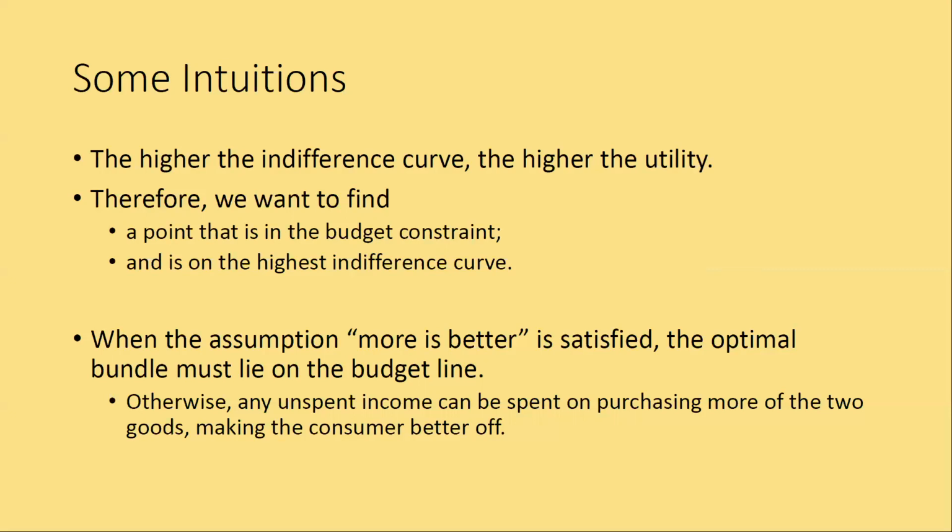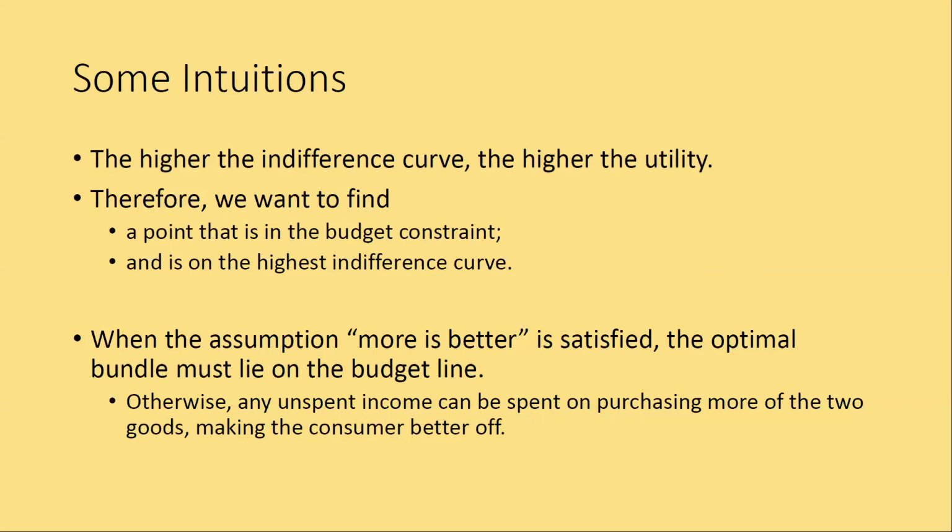Then that means there is part of your income that is not spent on purchasing either of the goods. I would argue that we can spend that unspent part of your income on purchasing more of either of the two goods, and because more is better, the consumer will be made better off in this case.